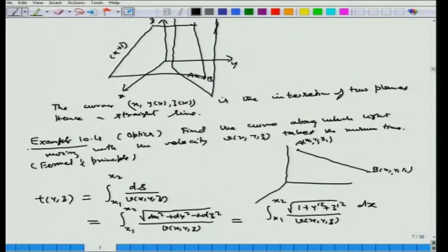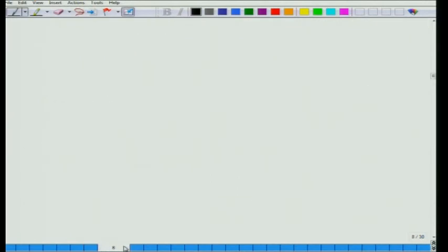So, it is of the type we have been considering, and here f of x, y, z, y prime, z prime is the square root of 1 plus y prime square plus z prime square over v of x, y, z.